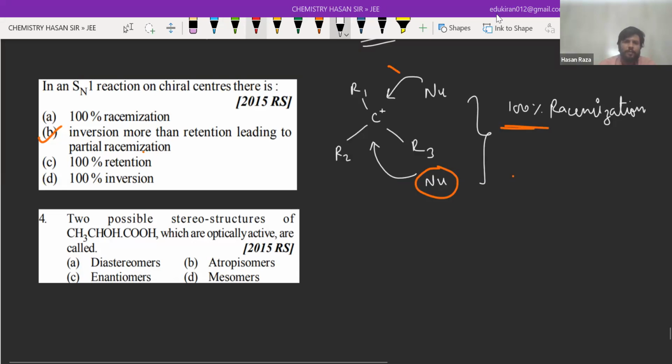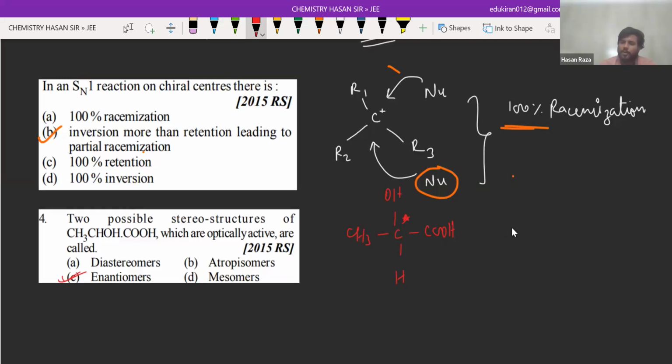It's very simple. Two possible stereo structures of this, which are optically active, are called enantiomers. If you draw the structure, it will be CH3, CH, OH, and then C double bond OH. This is chiral.